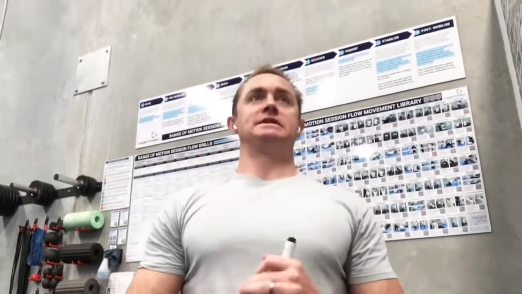So what we would then do is identify whether that issue is being caused by a lack of stability or a lack of mobility. Let's say, for example, that someone is rowing and at the front of their stroke in their catch, they've got a really rounded lower back. Use the example of a deadlift: someone is deadlifting and their lumbar spine is really rounded. That could be caused by one of two things.